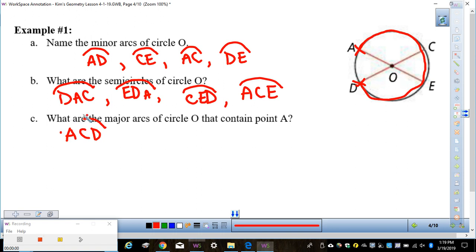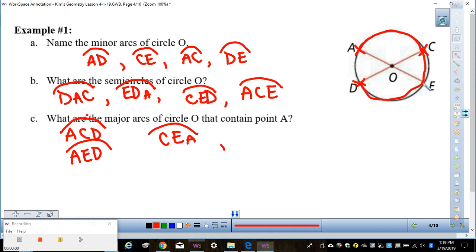You could also call that arc AED, but the one thing you have to have are those two endpoints at A and D. I also could start at point C and wrap all the way around to A, so I should have arc CEA.